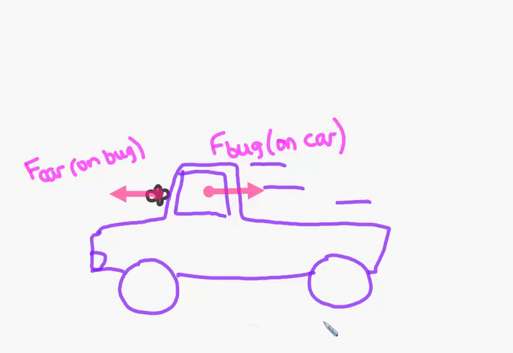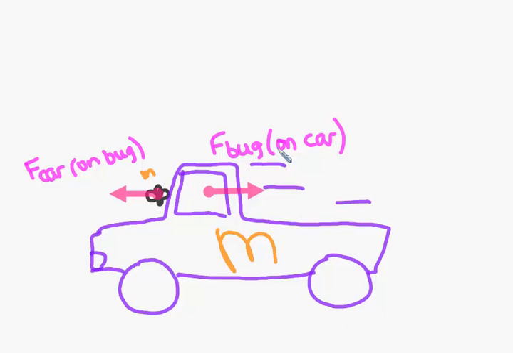First of all, a bug is not built as strongly as a windshield. If a windshield and a bug hit, the same amount of force on a bug will splat the bug compared to the amount of force on the windshield. It won't do anything to the windshield. Also, the truck has a big mass compared to the bug, which has a little tiny mass.